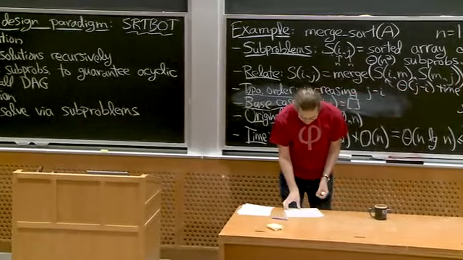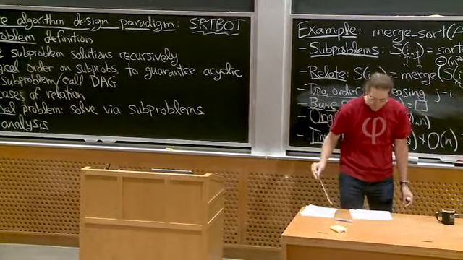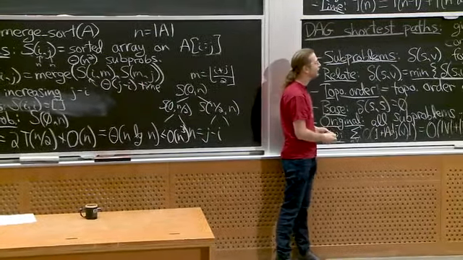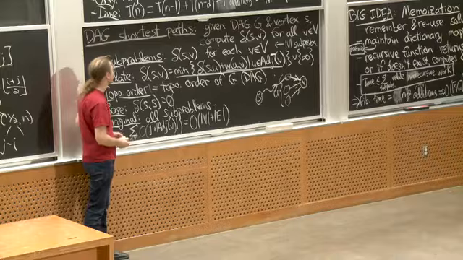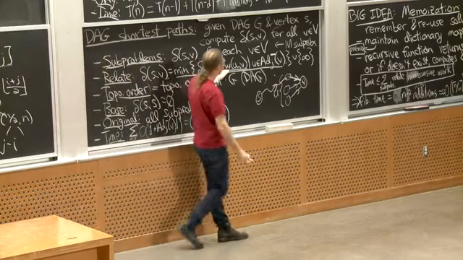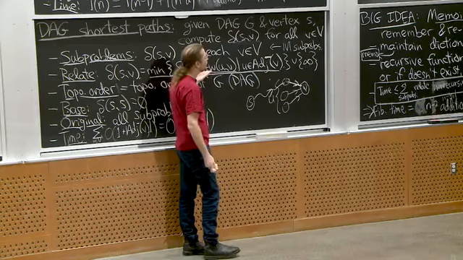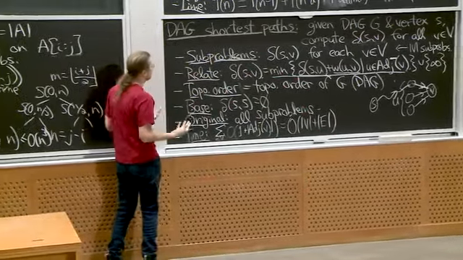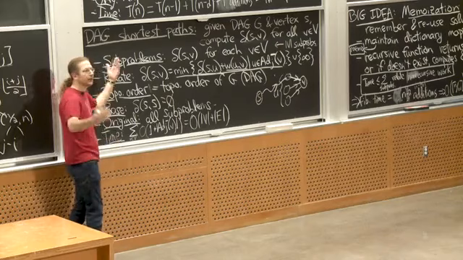Whew, a lot of words. But it's kind of cool that this framework just solves DAG shortest paths without much work. I mean, we did a lot of work in shortest paths to prove that this relation is true. But once you know it's true, the algorithm part is pretty much free. You just write down the recurrence, and you're done.